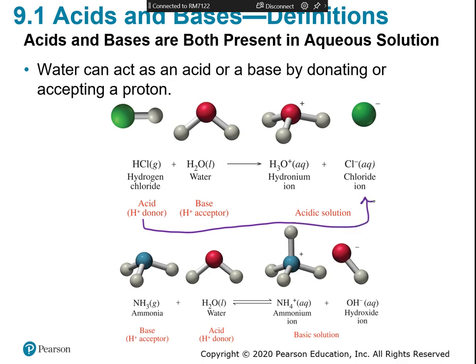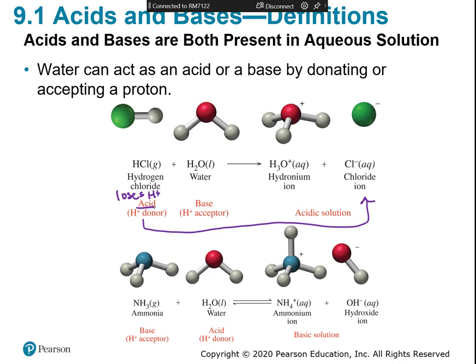Okay, so remember how we did this with oxidation and reduction? You looked at the reactant side and looked at the most similar product. What is the thing that looks the most like that reactant? So HCl and Cl-. Do you see that it loses its H? Goes from HCl to Cl-. So we say, okay, this loses its hydrogen ion, and that is that characteristic to describe an acid.